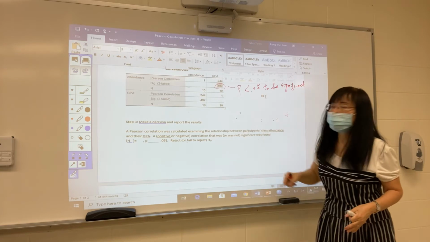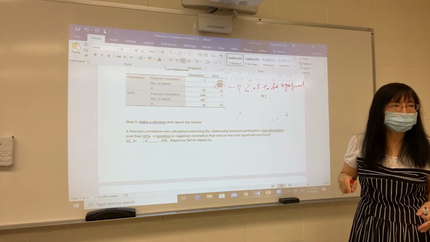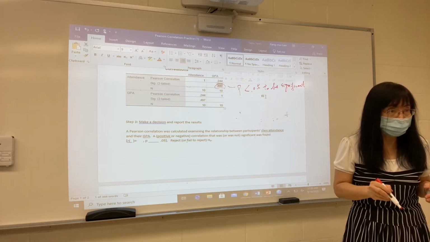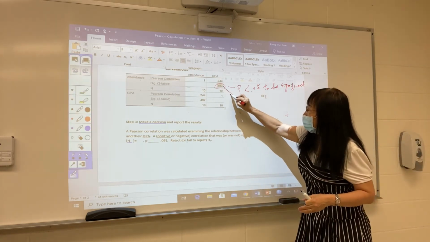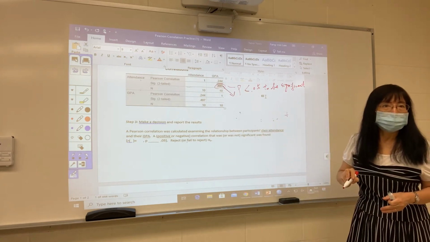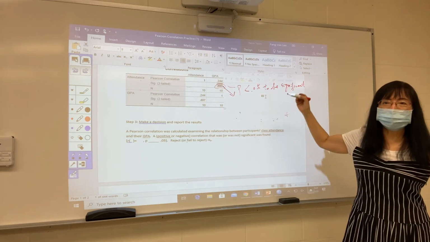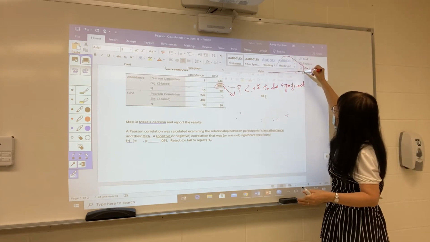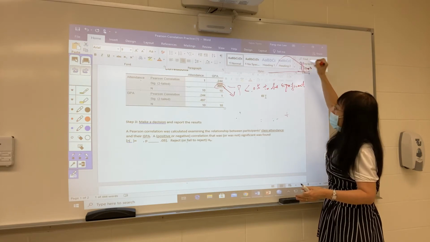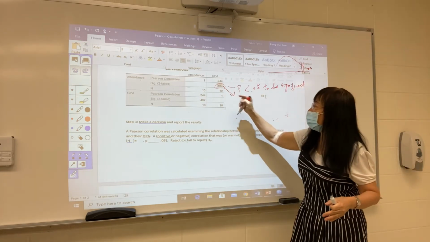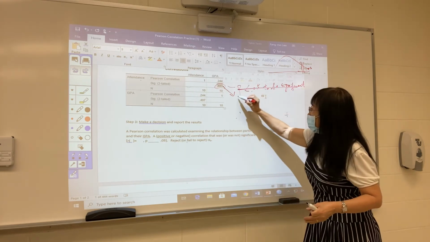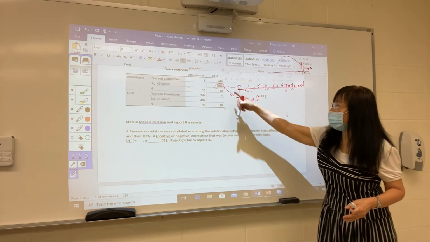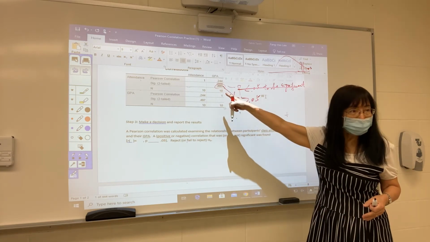However, is this number smaller or greater right now? I said this number has to be less than 0.05 to be rejected. But look at this number right now. It's what? Bigger. So when you are in the normal distribution, you set 0.05. This number is greater than 0.05, it's 0.497, right?